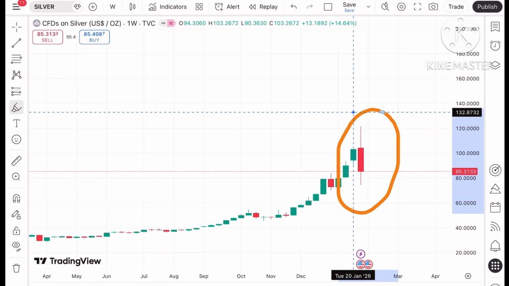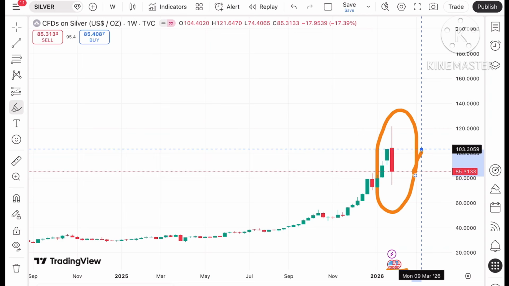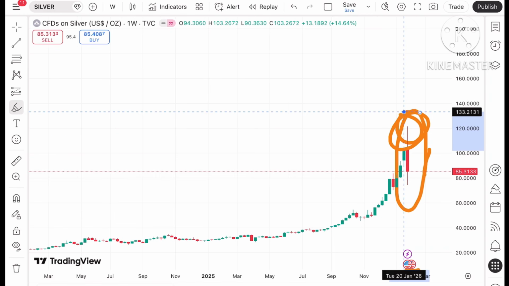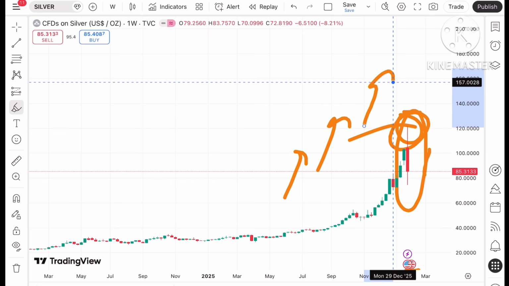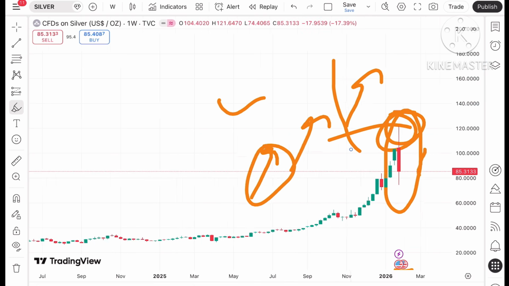The price of silver is now trading around 85.313, which is very important. Those who took a position at 103 or a higher level were trapped as buyers. The price was going higher and higher, and those who took leverage might have their capital wiped out at this level.